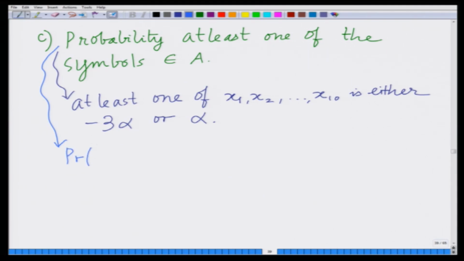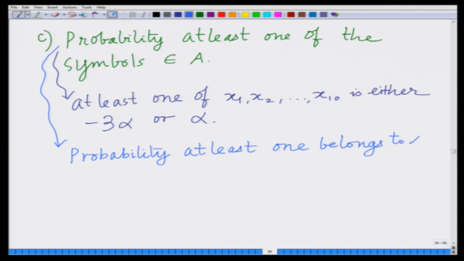the probability of at least one belonging to A equals 1 minus the probability that none of them belong to A, which is equal to 1 minus 5 by 8 raised to the power of 10, and it is very simple, right.